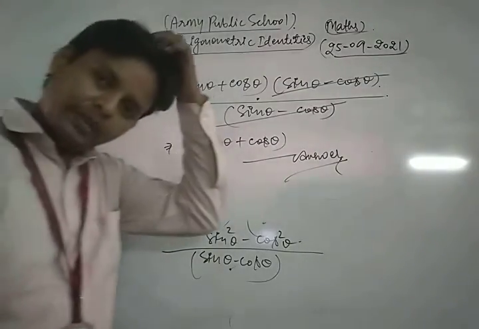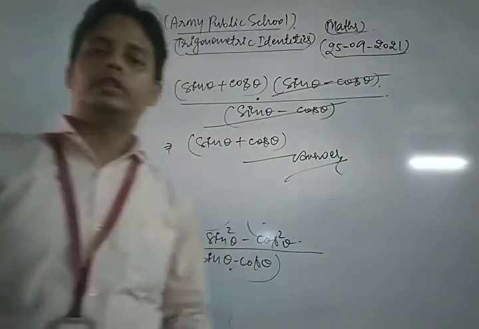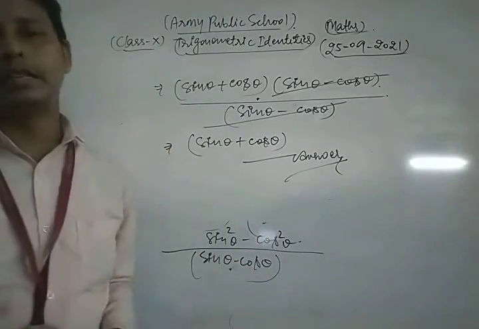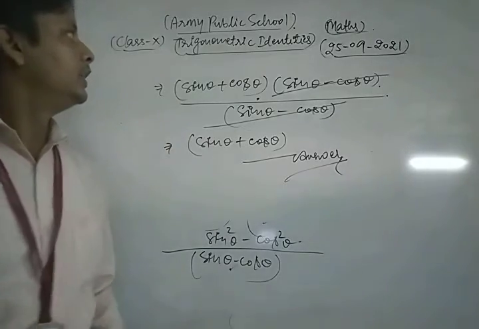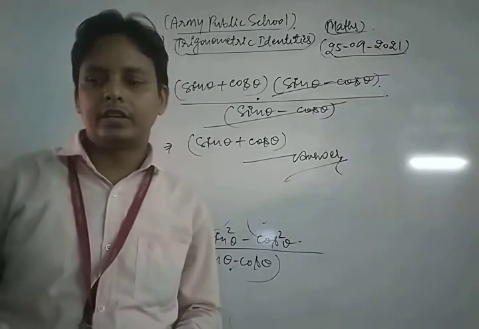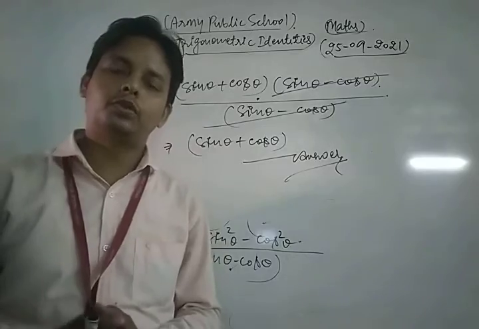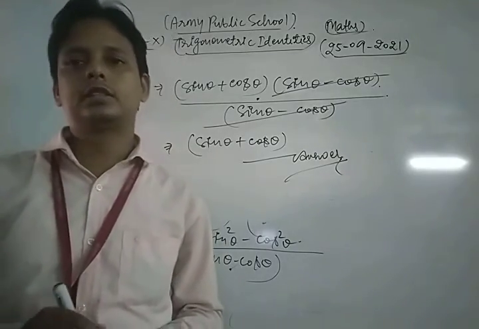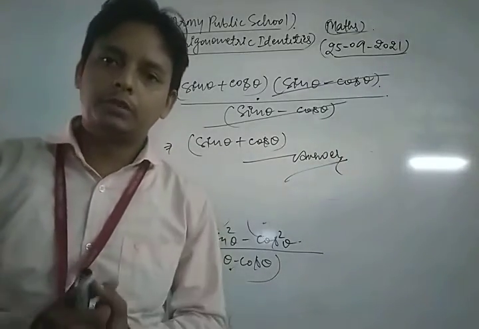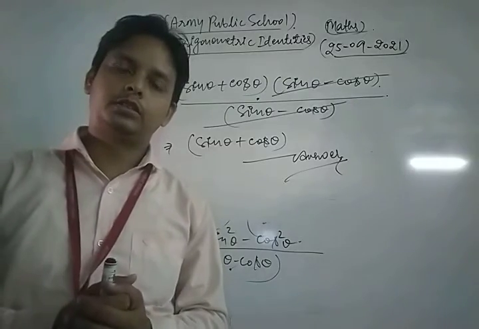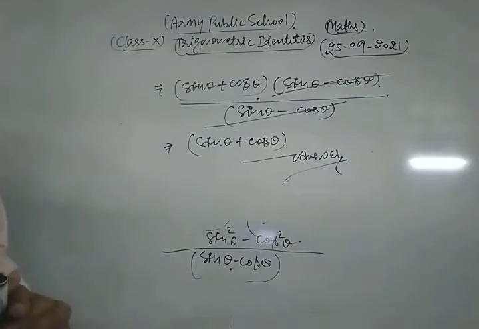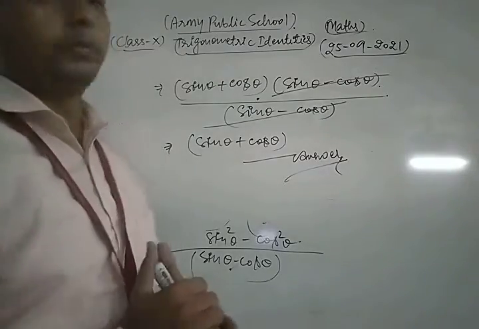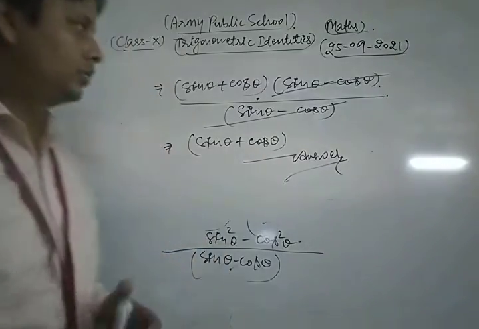So dear students, in this way you can solve each and every question of your NCERT exercise based on the topic trigonometric identities, which is very important. Okay, so first of all you revise all the questions which we discussed in this class and also in previous classes. After that you complete your NCERT exercise and other important questions based on trigonometric identities.